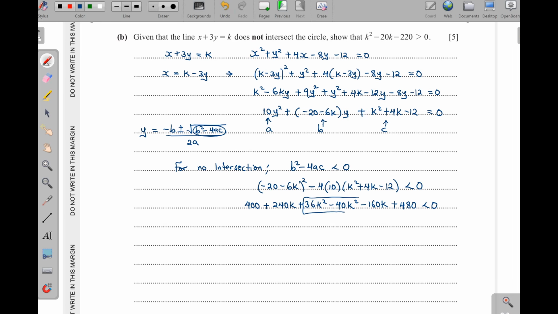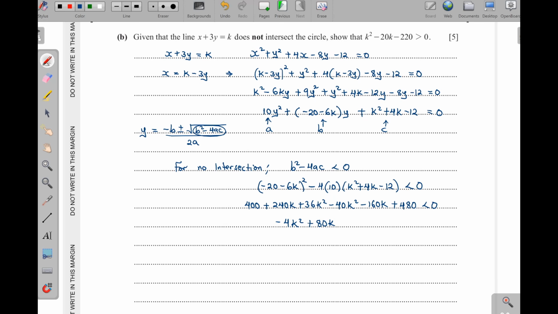Then here we have 36 minus 40, that is a negative 4k squared. Then 240 minus 160 will give us positive 80k.